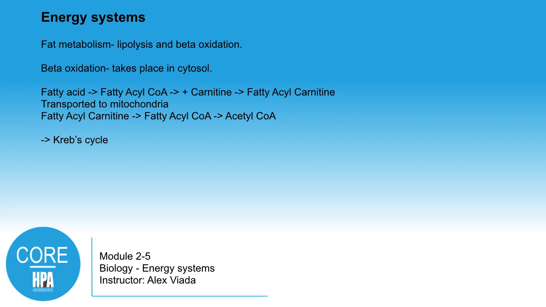Now, fats, if you are familiar with the structure, and again, we'll go into this more later, are essentially long carbon chains. Every single carbon can basically be broken off one by one, and through this entire process as outlined here, effectively becomes acetyl-CoA. What does that mean?